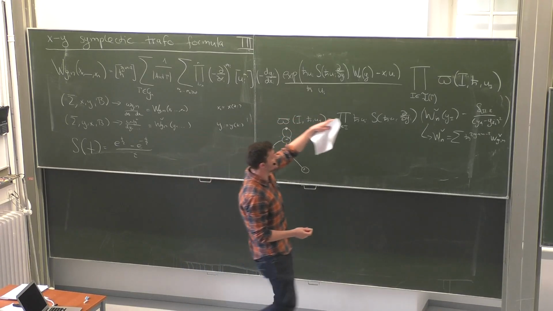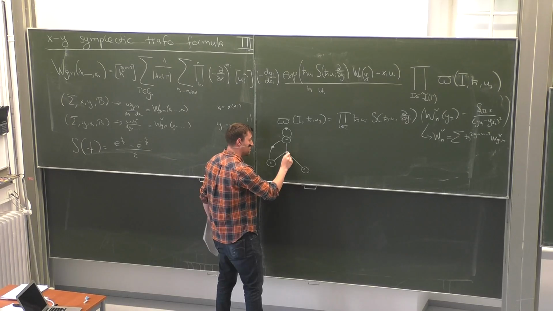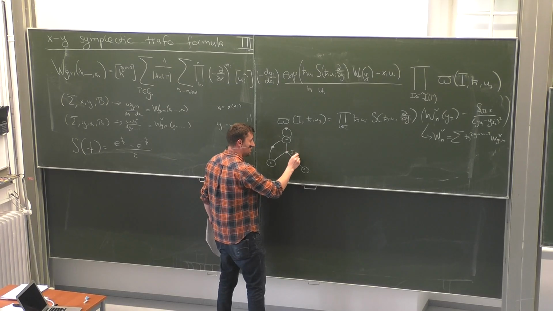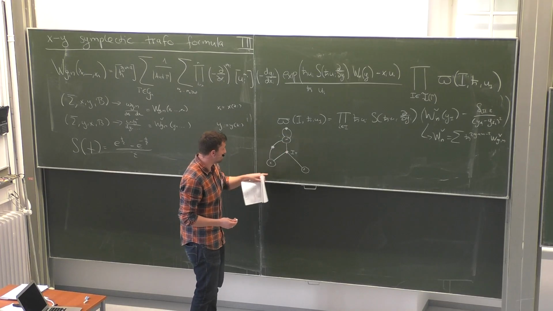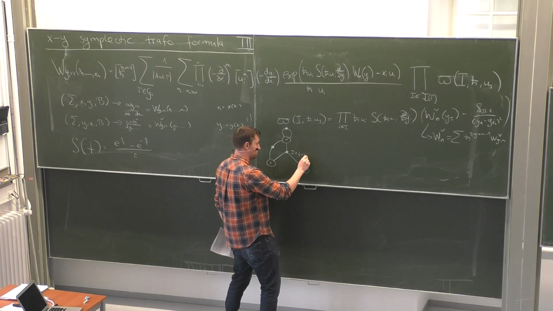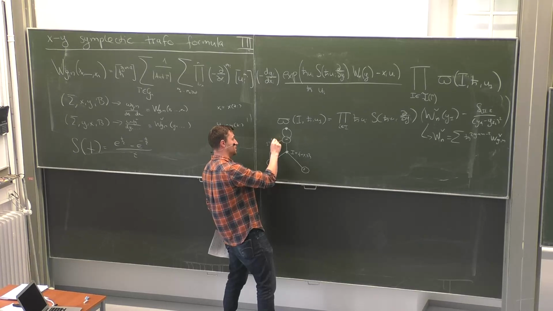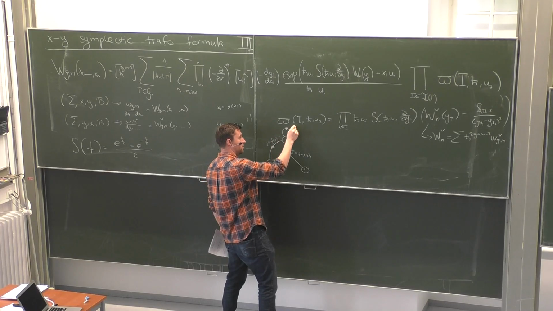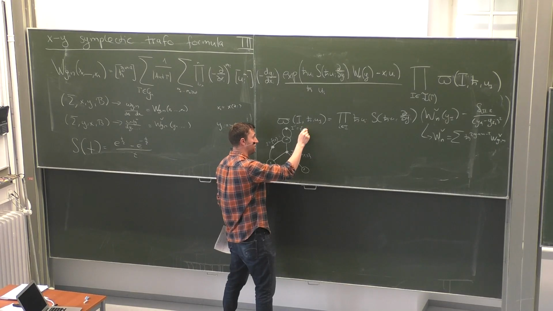And this set I was associated to these filled vertices, where it encodes to which labeled white round vertices it is connected. So this set would be {1, 2, 3}. This would be I prime, let's say {1, 2}. And this would be I double prime, {1, 1}.